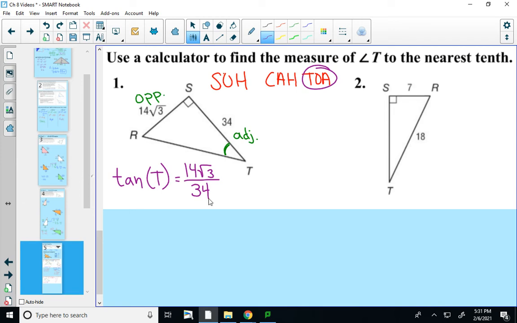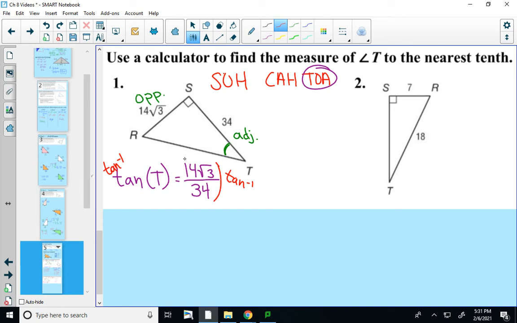Now I want to solve this for angle T. So I have to somehow undo tangent. Remember, tangent is just an operation that's being done to that angle. So I'm going to undo it by taking what we call the inverse of it. So I do tangent inverse of each side.